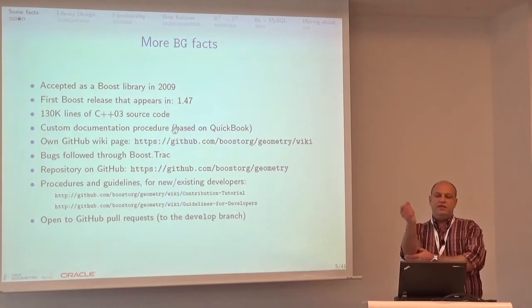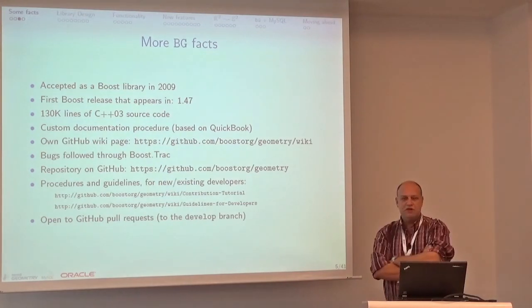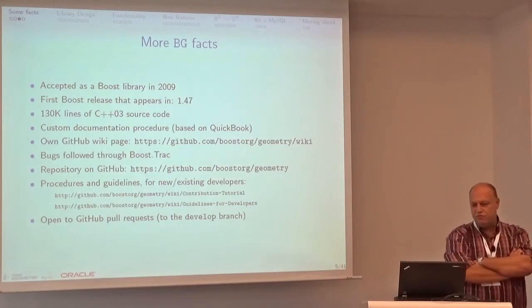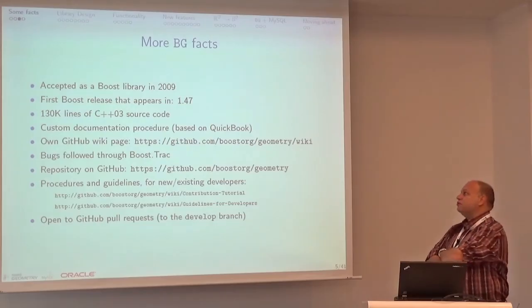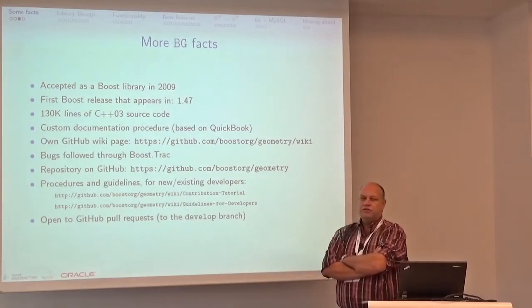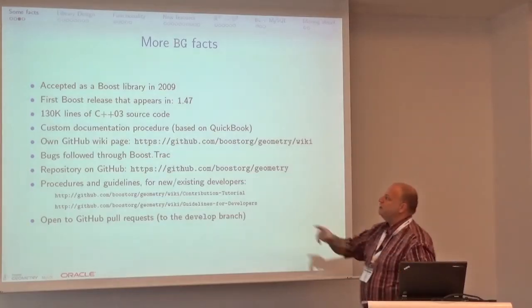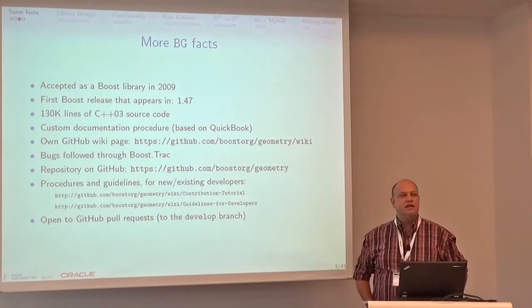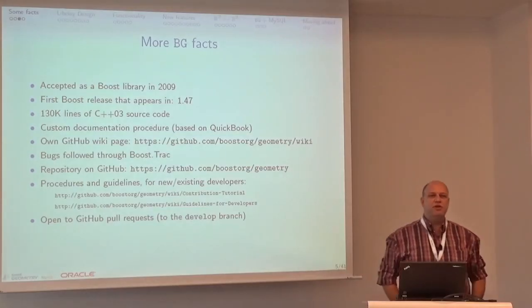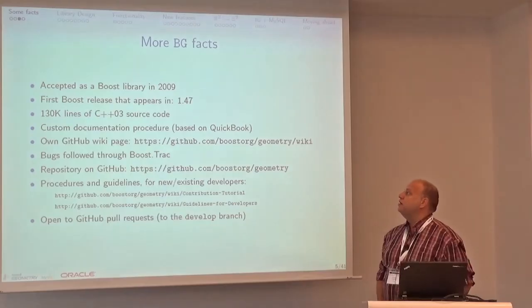The Boost.Geometry library was accepted in Boost in 2009, about 4 years before I joined the group. The first release was 1.47, and right now it consists of about 230,000 lines of source code. I'm mentioning C++03 specifically because the library is, on purpose, meant to be compatible with C++03 compilers.